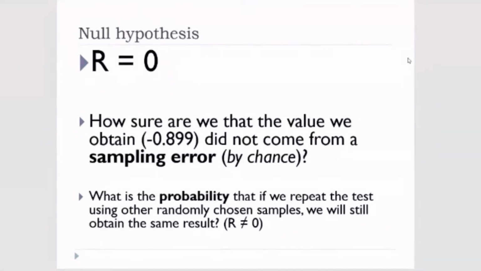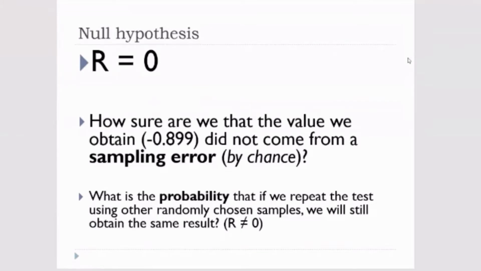Meaning that there's that relationship, either negative 0.899, or higher than that. So that's why what we are doing here is what we call a significance test.